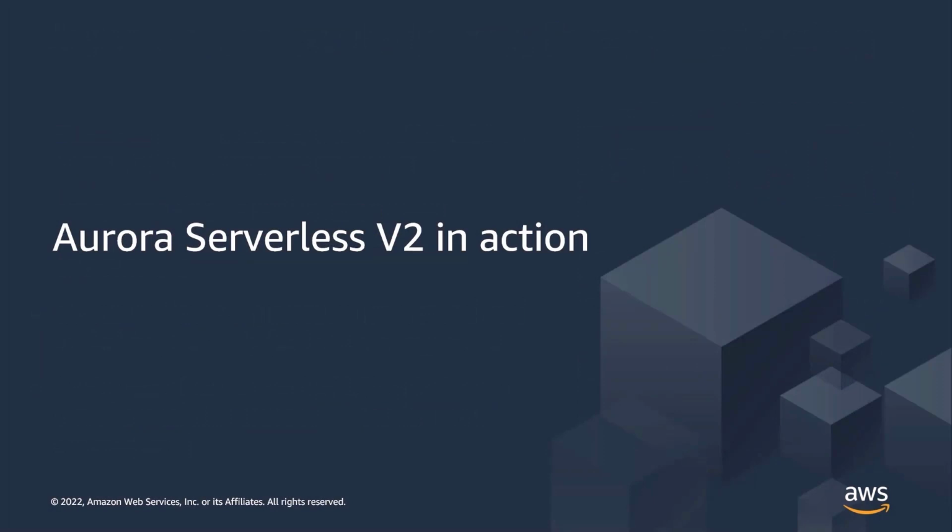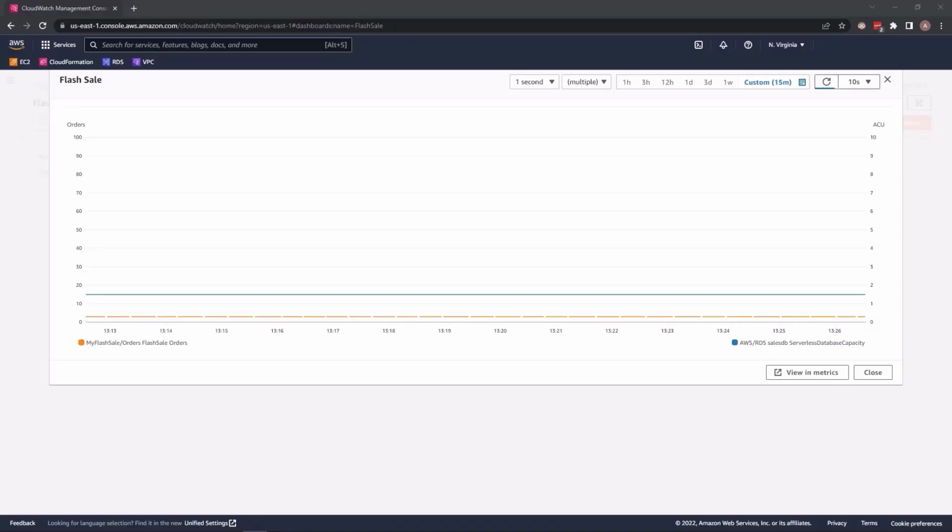Let's see a quick demo of how Serverless v2 scales in practice. In this demo, what we're showing you is a CloudWatch dashboard that's going to track our ACU utilization. We are going to do a flash sale type of application. On this dashboard, at the bottom of the screen, you see an orange line.